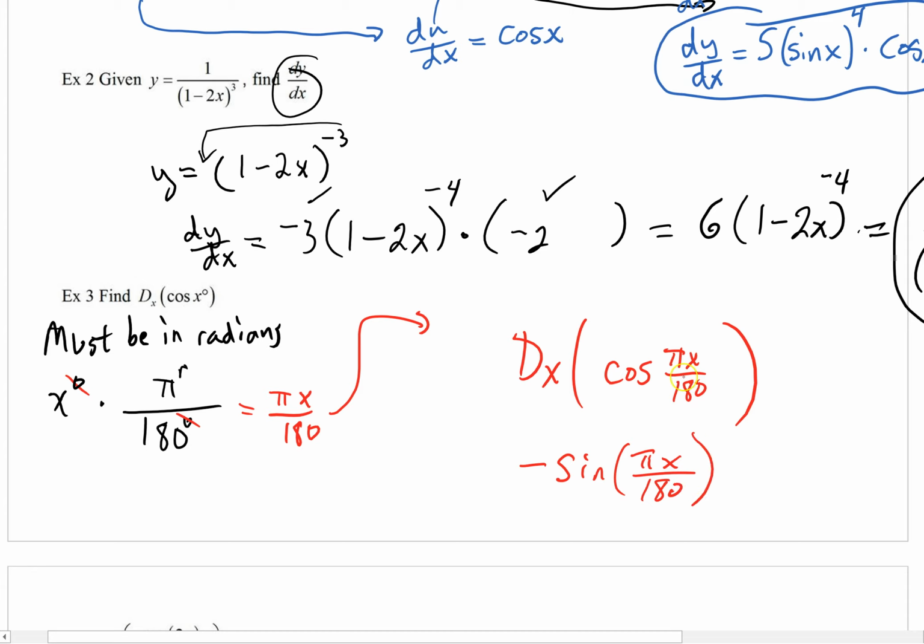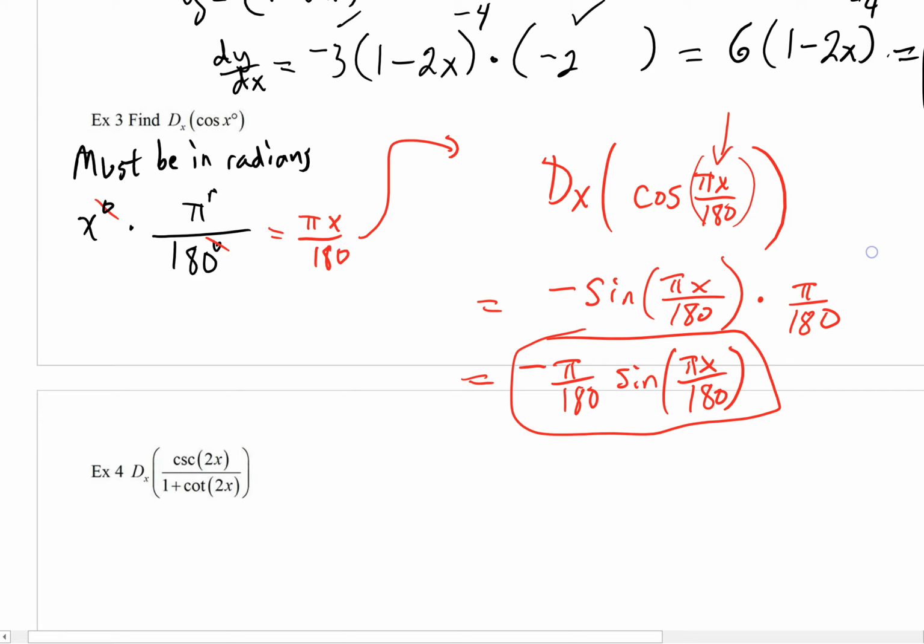That's the derivative of the outside, keeping the same inner composition. But then we need the derivative of the inside. What's the derivative of pi x all over 180? Well, pi over 180, I hope you could see. Final answer, let's pull that negative pi over 180 out in front. Then we'll have the sine of pi x all over 180.